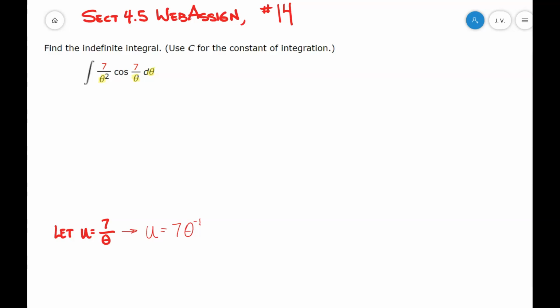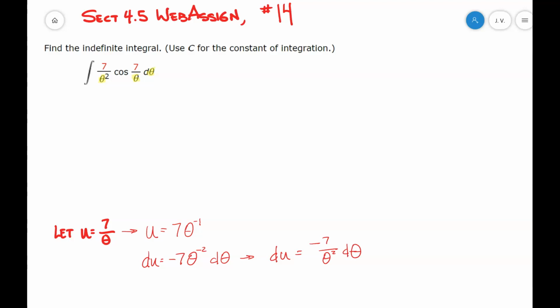When we differentiate that, we're going to get negative 7 times theta to the negative second power d theta. And then I can rewrite that as negative 7 over theta squared d theta. And that's almost exactly what we need.